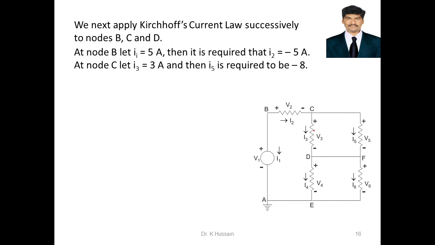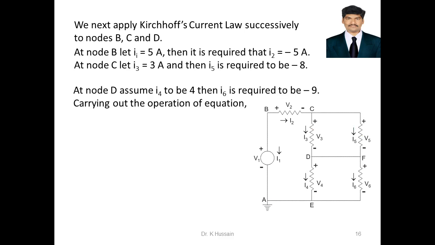Whatever value you get, if it is 3, you will get the opposite value. So in a similar way you can find at particular node I4, this is a D node. At this time, how much value? At a particular node, sum all the currents and then find the current value.